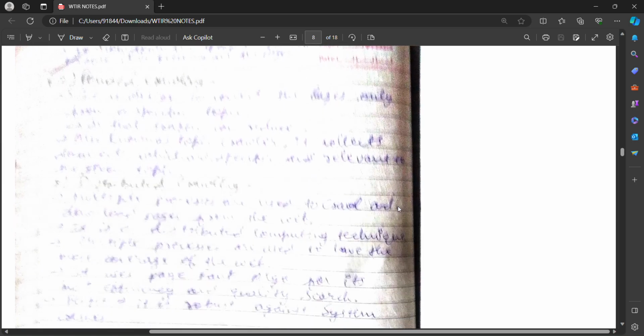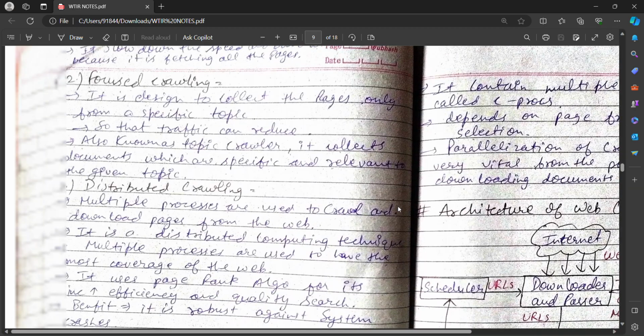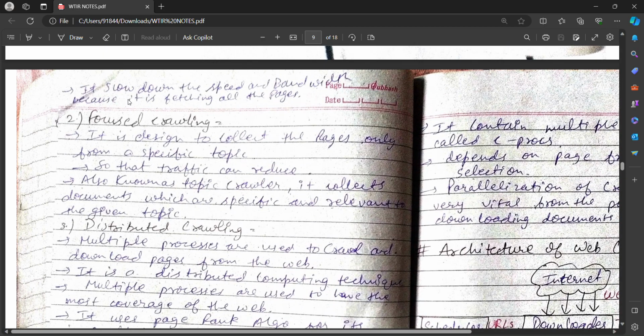So these are the two points. Another point that you can say is it slows down the speed and bandwidth because it is fetching all the pages at the same time. So general purpose crawling is basically fetching a large number of pages from different websites, and that slows down the speed and bandwidth.